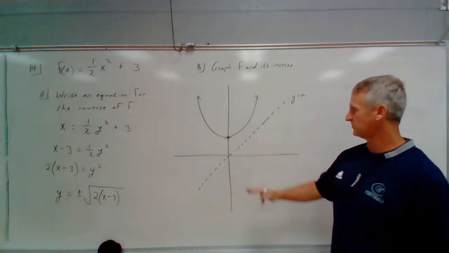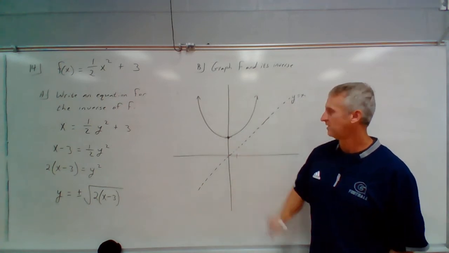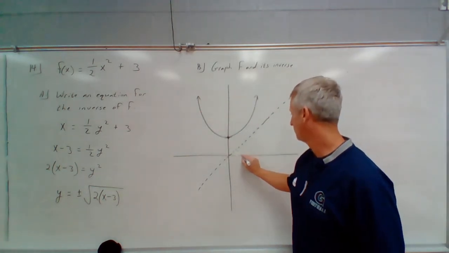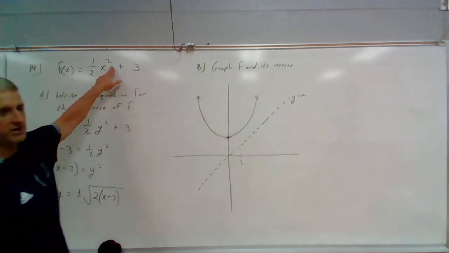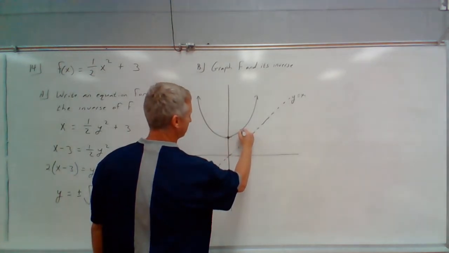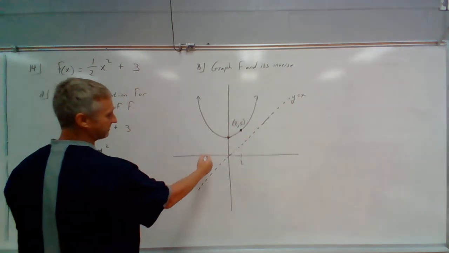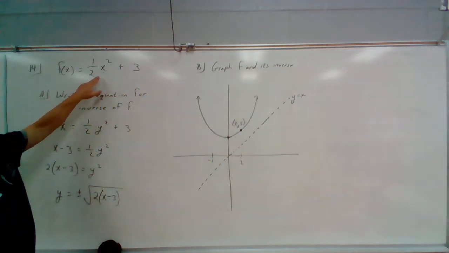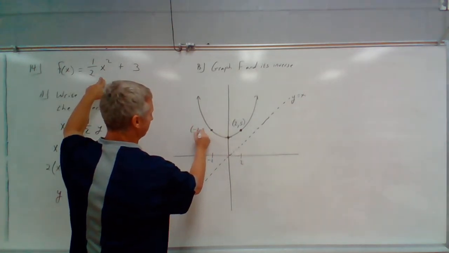Just to make sure this is all working, let's put in a point or two and see what happens. If I put in 2 for my x value, 2 squared is 4, half of 4 is 2, 2 plus 3 is 5. So I would get the point (2, 5). Of course, the same thing for negative 2: negative 2 squared is 4, half of 4 is 2, 2 plus 3 is 5, so I would get the point (-2, 5).